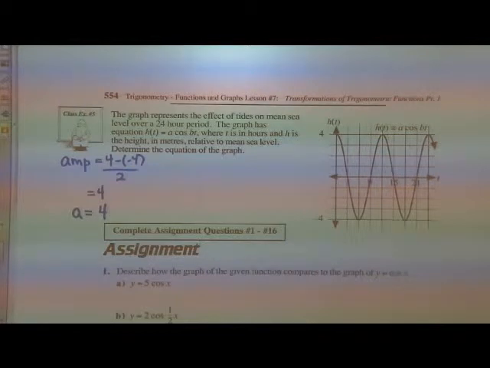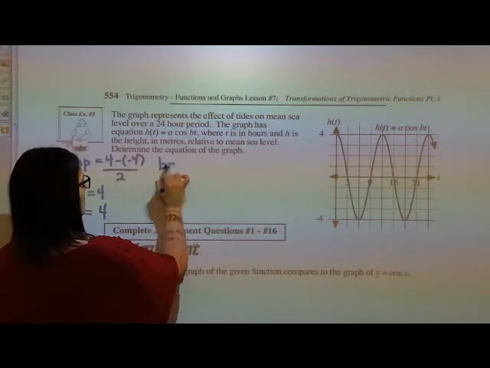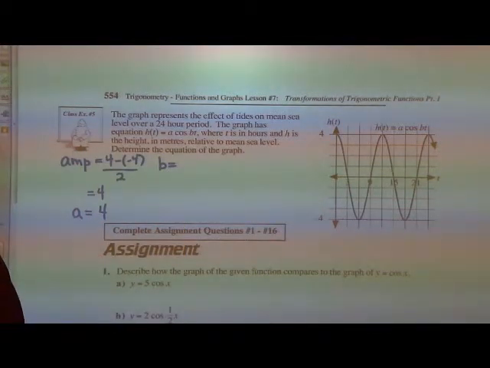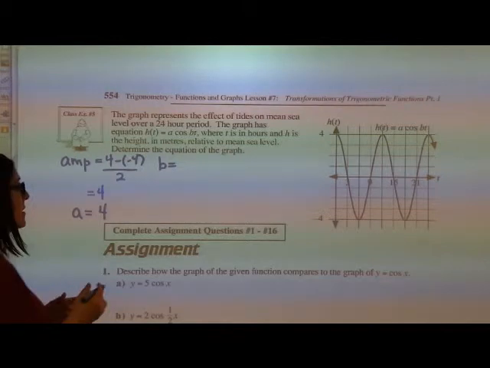What do I need to know to calculate my b value? What do I have to look at on the graph in order to determine what b is? The period.